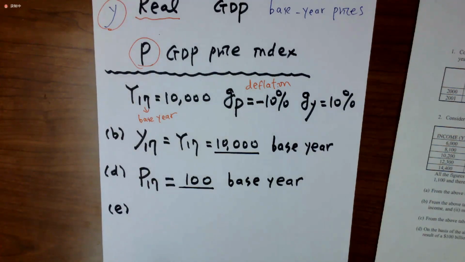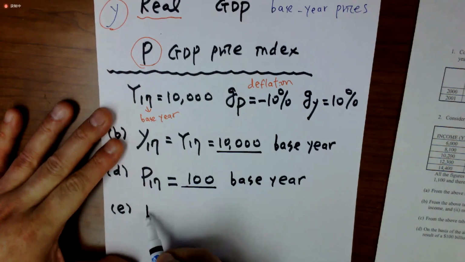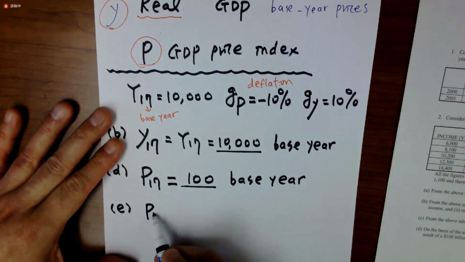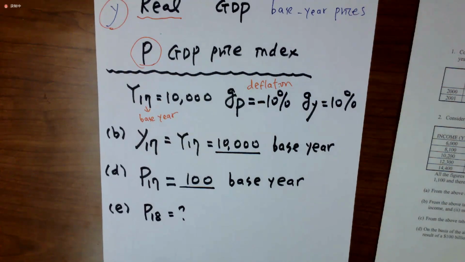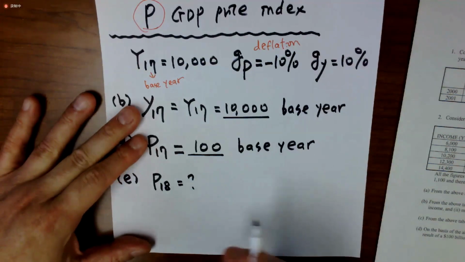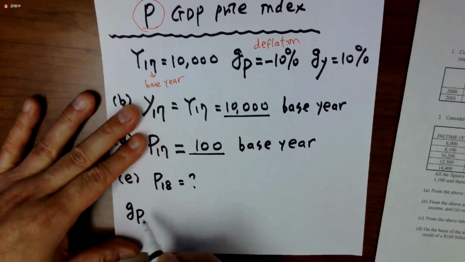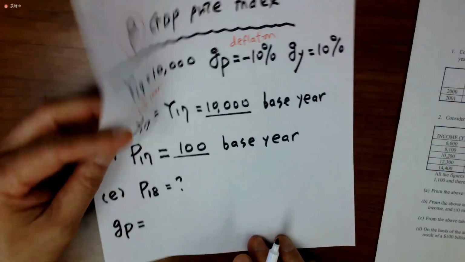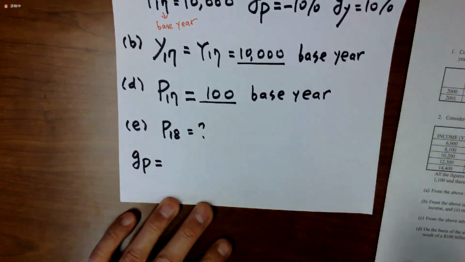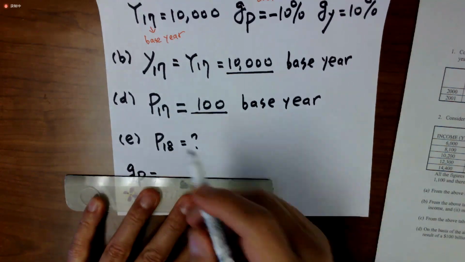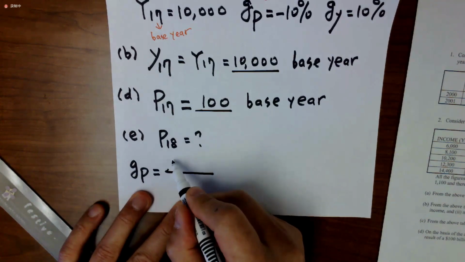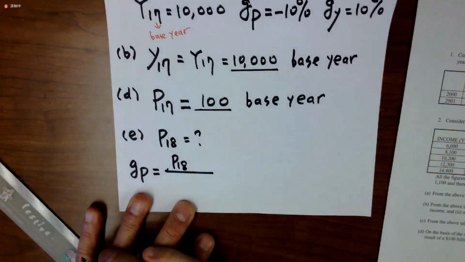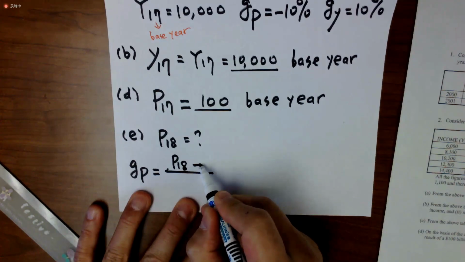E is asking what's the GDP price index for the year 2018, right? Agree? Yes. Good. So you say, oh, I know that the inflation rate, which is nothing but the growth rate of the GDP price index, is equal to the new price, which is something we need to solve, minus the old price, divided by the old price.